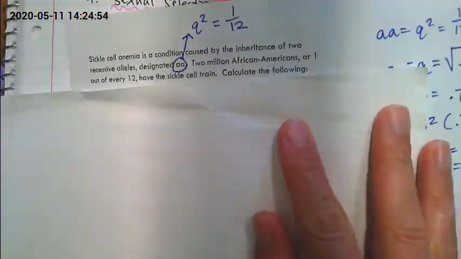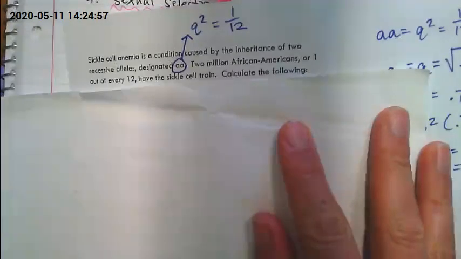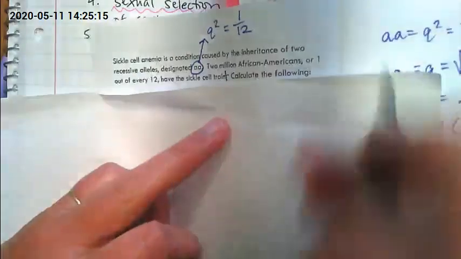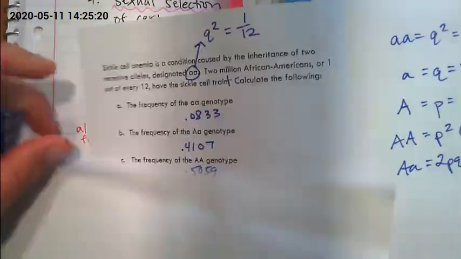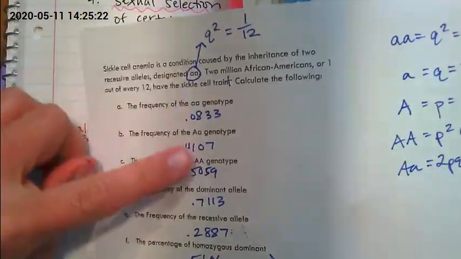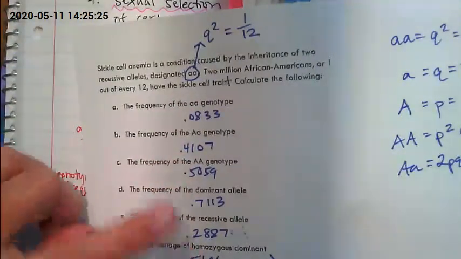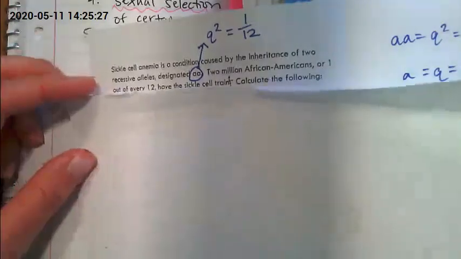Okay, so it says sickle cell anemia is a condition caused by the inheritance of 2 recessive alleles designated little a. 2 million African Americans, or 1 out of every 12, have the sickle cell trait, not train. Trait. Calculate the following. Okay, so we're going to calculate the frequency of the genotypes and the frequencies of the alleles.